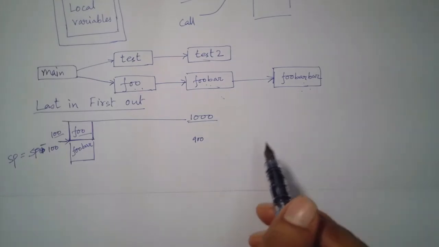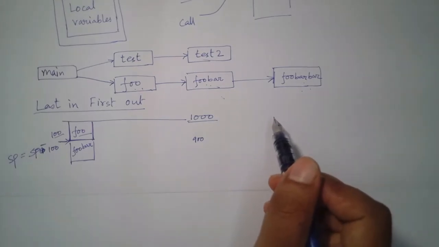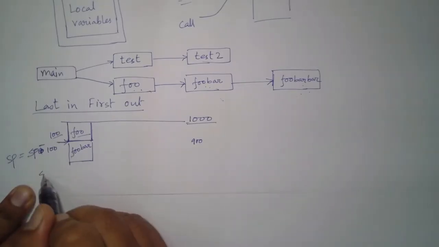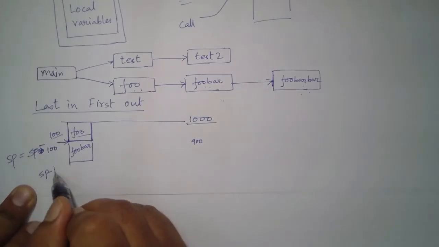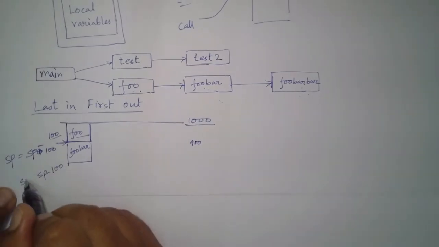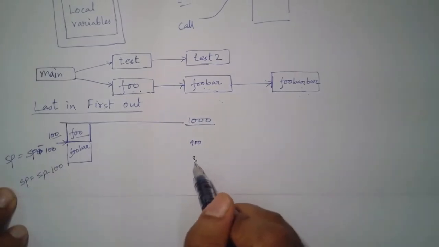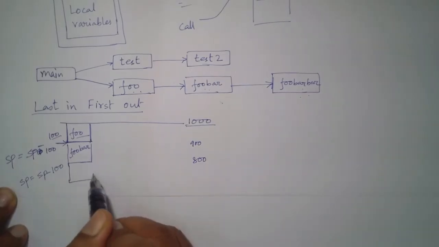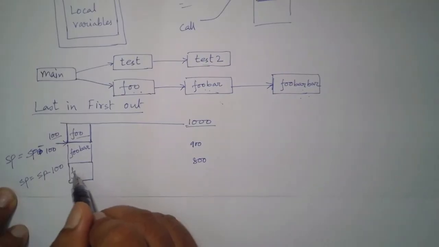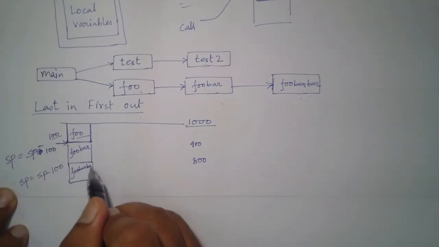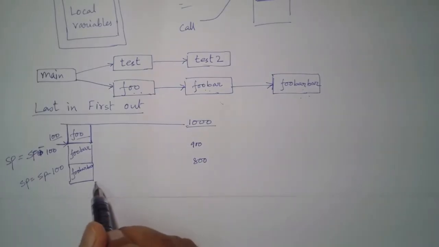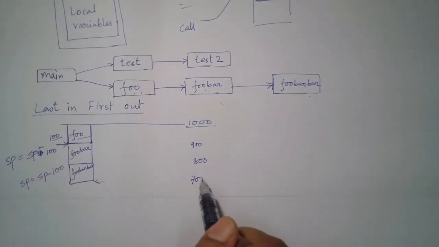Similarly, if I want to allocate an activation block for the next function, whenever I do that, I will be updating my stack pointer by 100, and that will be my new stack pointer, which is 800. And for foo bar bar I can do the same thing, right. So now this will update my stack pointer to 700. So any new block I need to allocate.